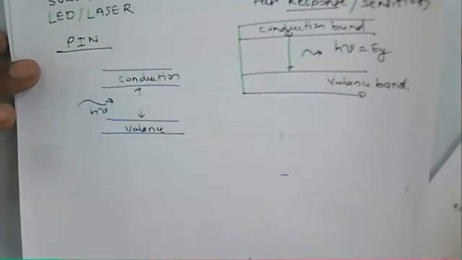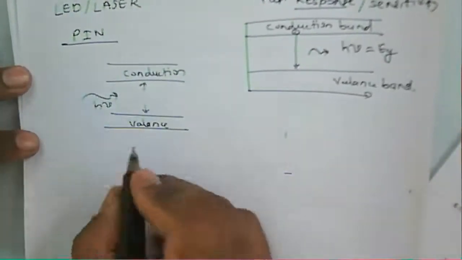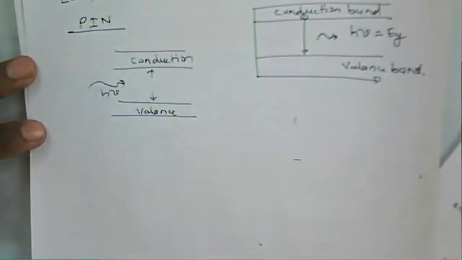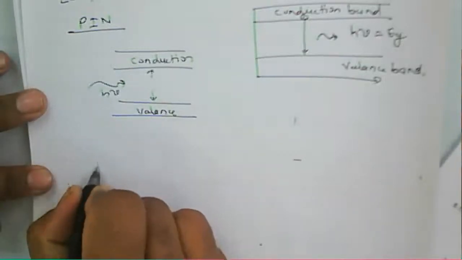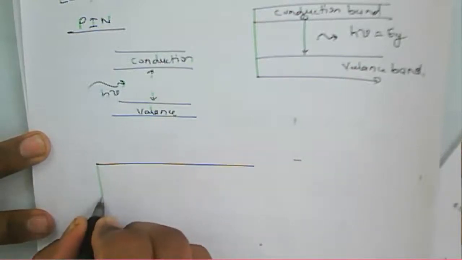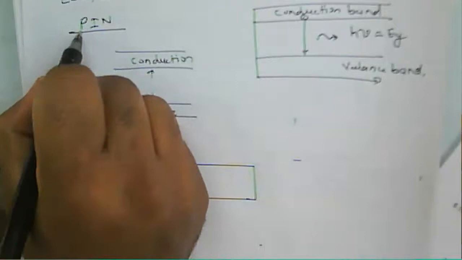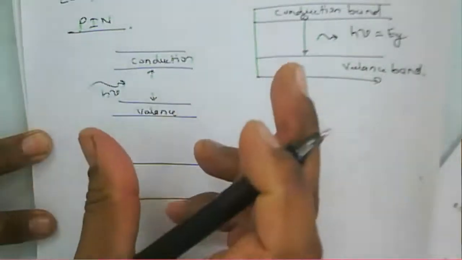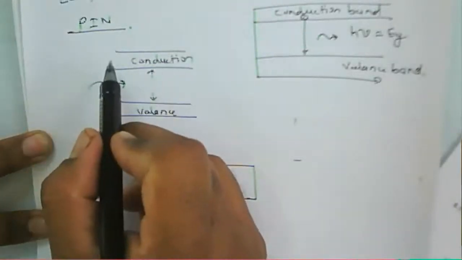Now we consider the structure of this pin diode. It has P type material and N type material, just like a diode structure, a P and N region.